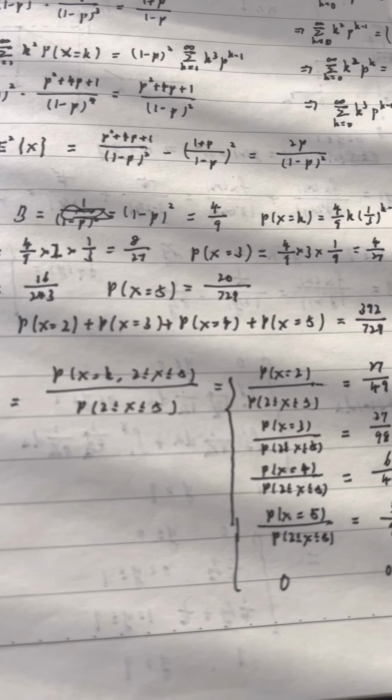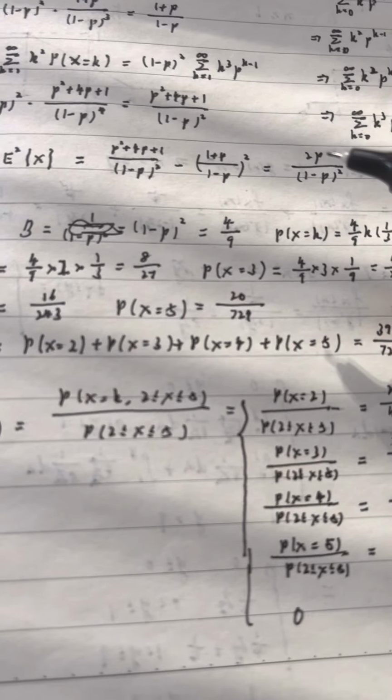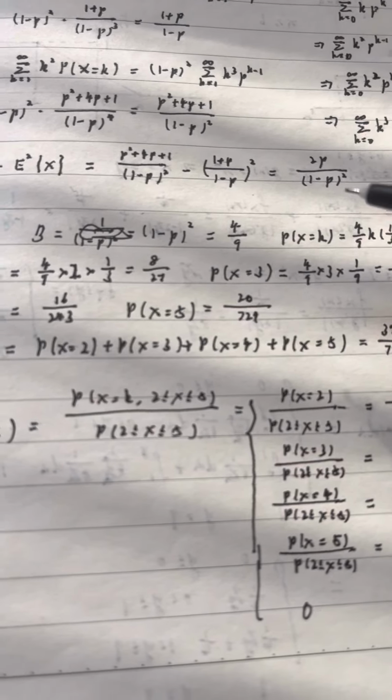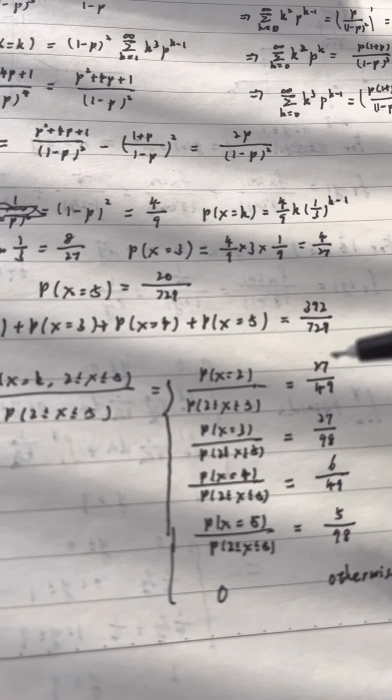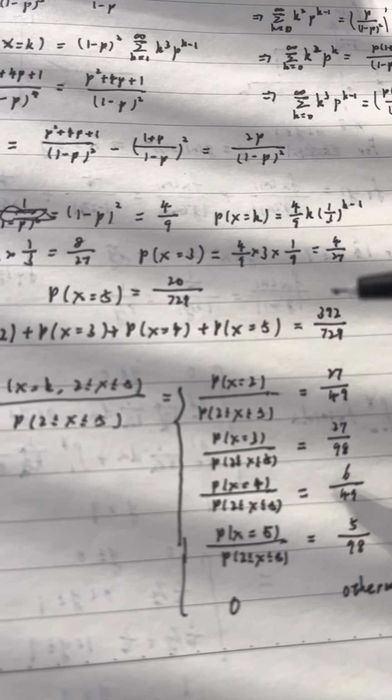Because it is a discrete random variable, we can simply discuss the different situations when X equals k. So we can just calculate it.